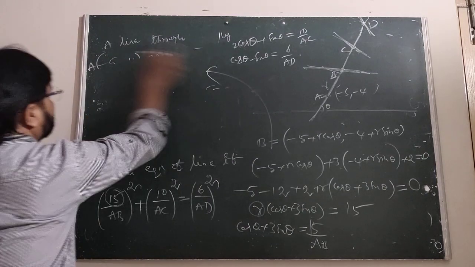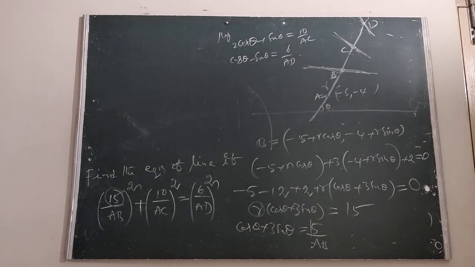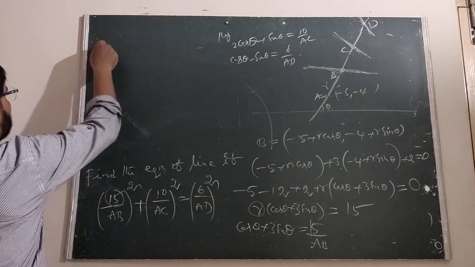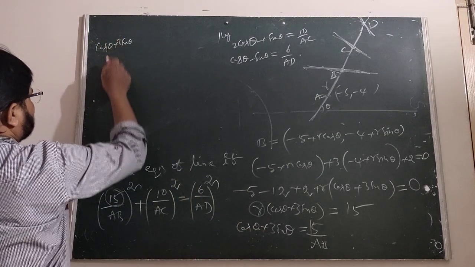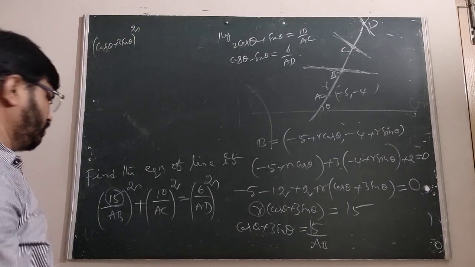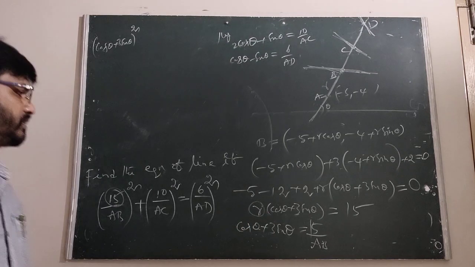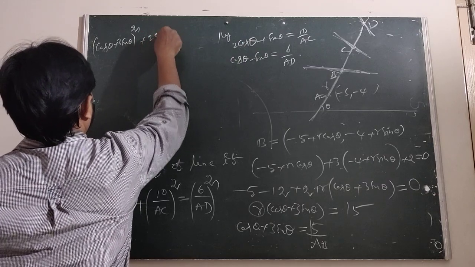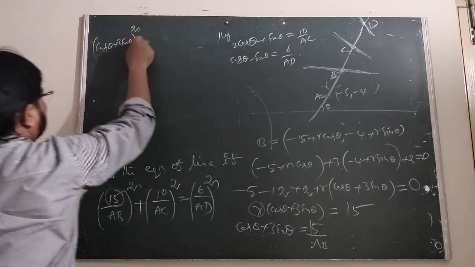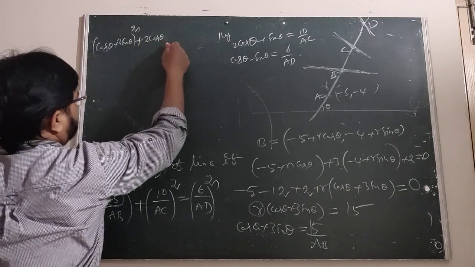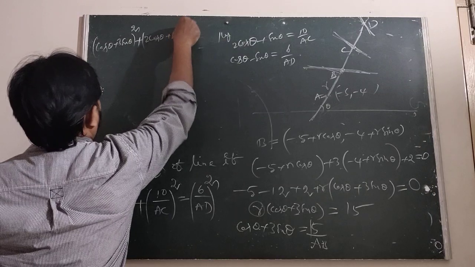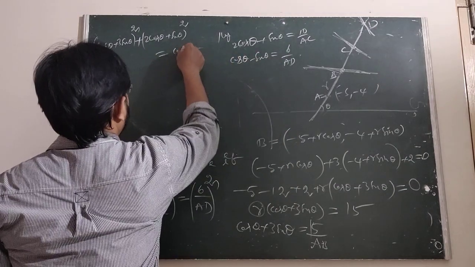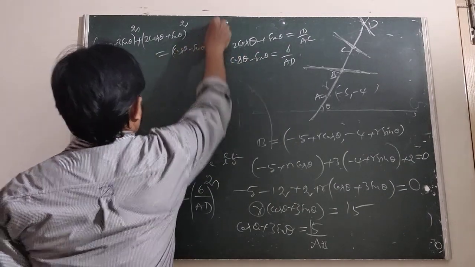Now we can write here: 15 by AB whole square is the cos theta plus 3 sin theta whole square. 10 by AC is 2 cos theta plus sin theta whole square, and 6 by AD is the cos theta minus sin theta whole square.